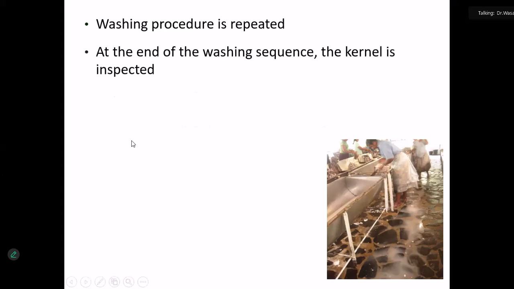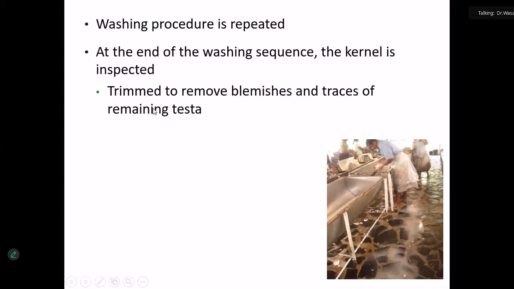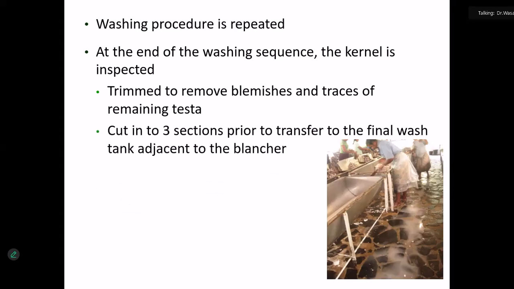At the end of the washing, the kernel is inspected and trimmed of any blemishes or remaining testa. Then after that, a single nut is cut into 3 sections. Whole nut carried through for final washing.